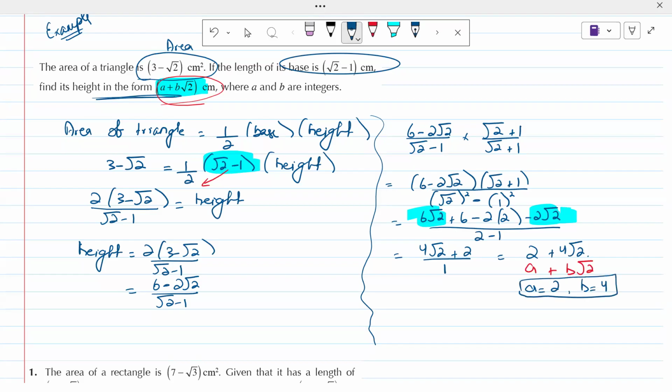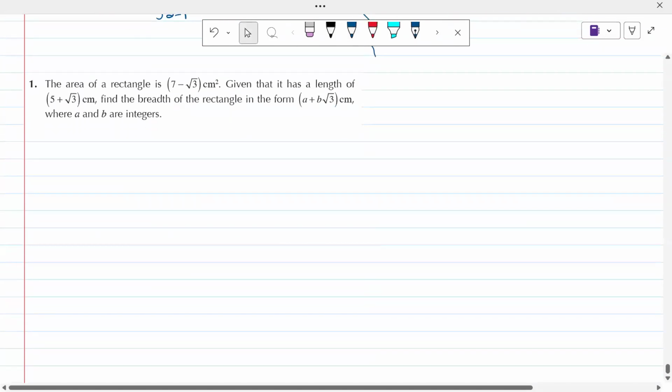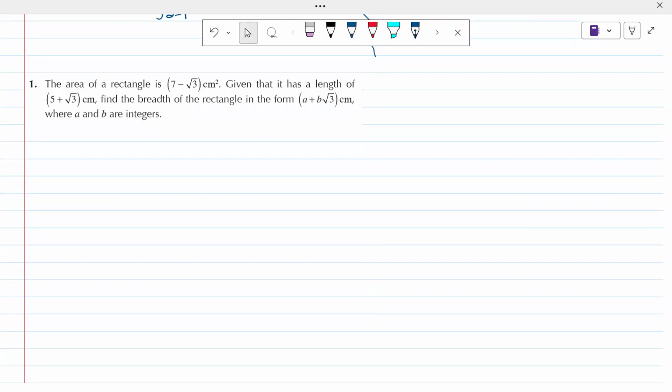So you can expect these types of word problems as well in exams. We'll do one more word problem. Now this time it's a rectangle shape. Question says area of a rectangle is 7 minus root 3.